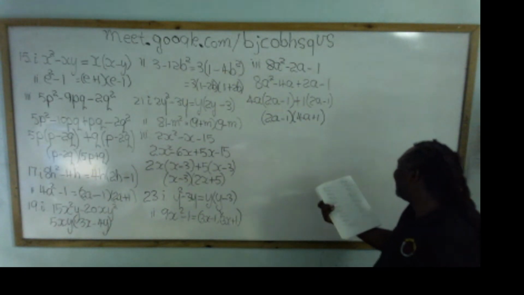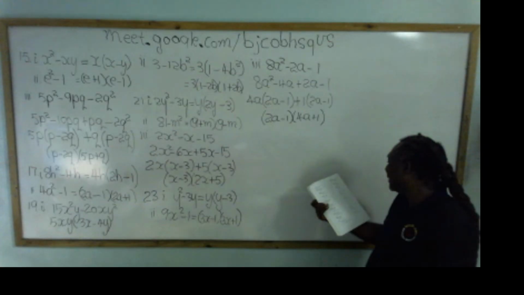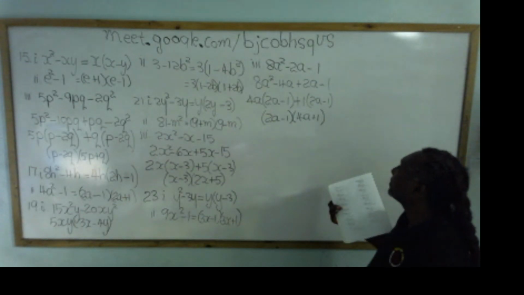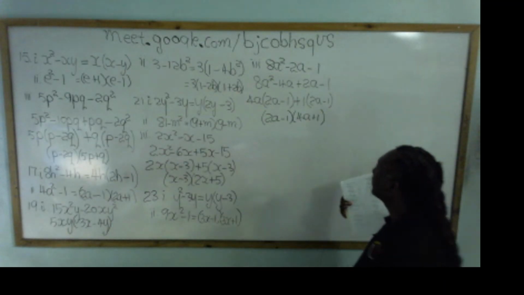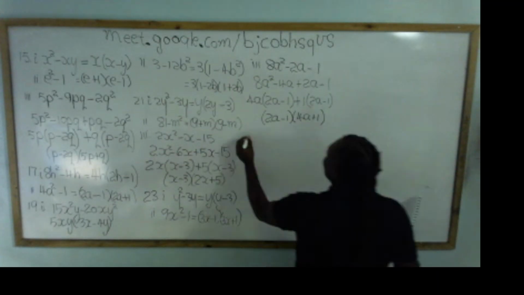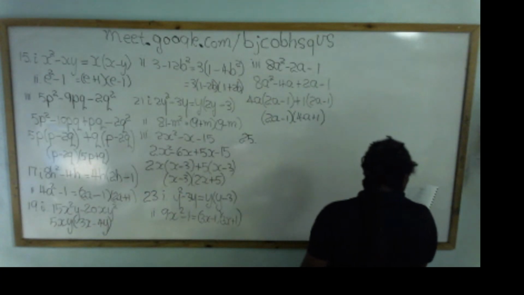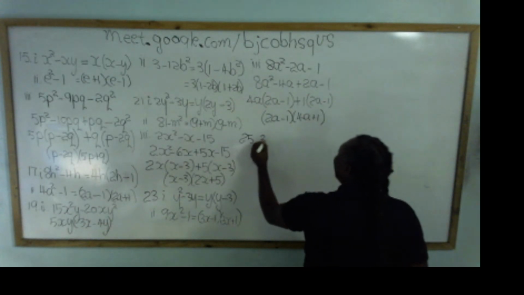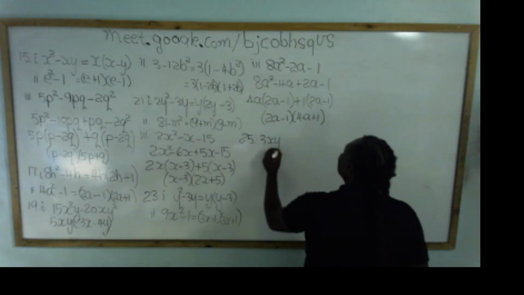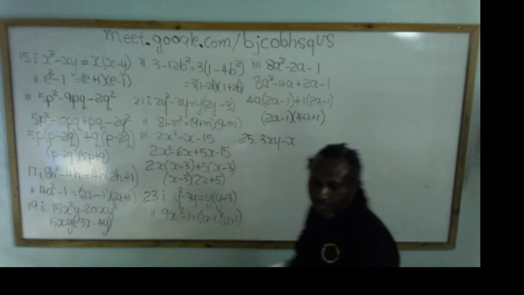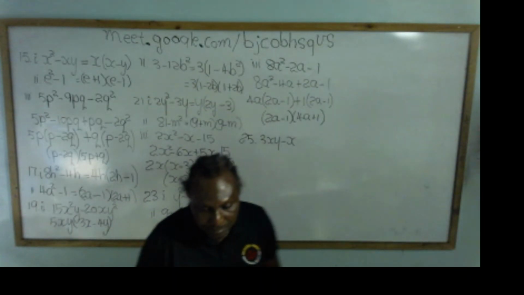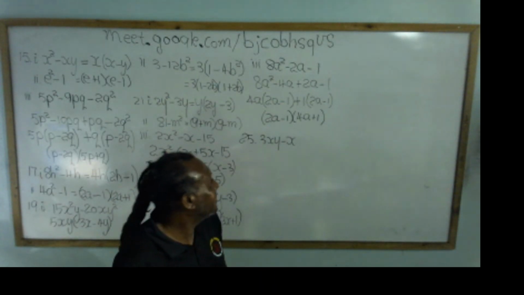Okay, it's Roman 3. 25. I think 25 has 3 parts also. 3xy minus x.